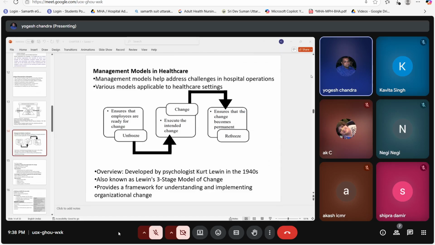If you understand all these things, you don't need to just mug up the things. You can apply this in a practical scenario also, so it is always better to think about that. How do you think you can prepare your hospital or the staff for this change? Unfreeze stage, electronic health record.